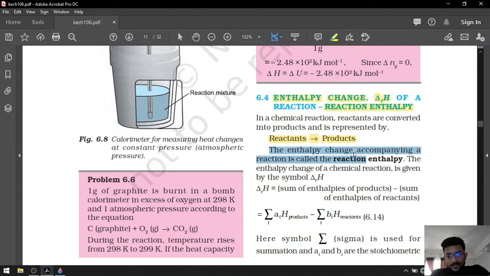The enthalpy change accompanying a reaction is called the reaction enthalpy. That means change in enthalpy during the reaction is known as reaction enthalpy. The symbol for reaction enthalpy is delta RH.